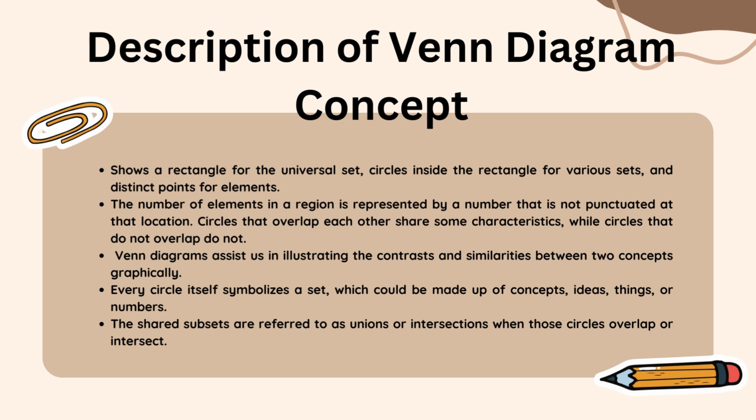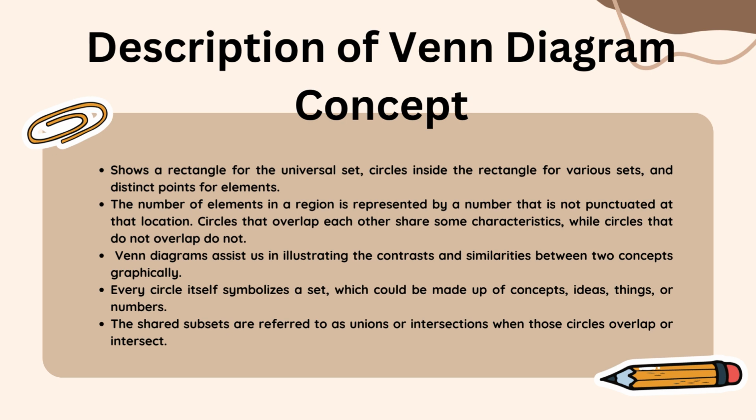Also, a Venn diagram assists us in illustrating the contrast and similarities between two concepts graphically, so that it is convenient for us to understand. In a Venn diagram, every circle itself symbolizes a set, which could be made up of concepts, ideas, things, or numbers.